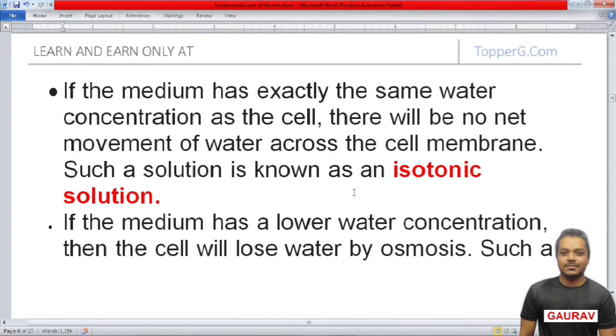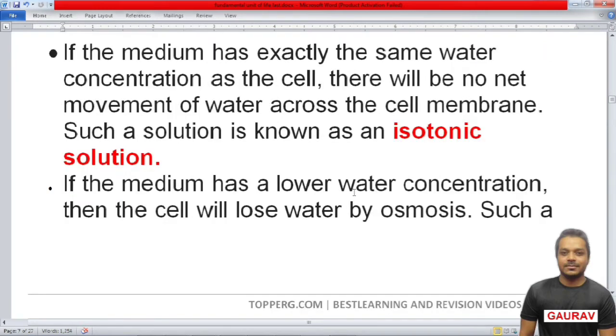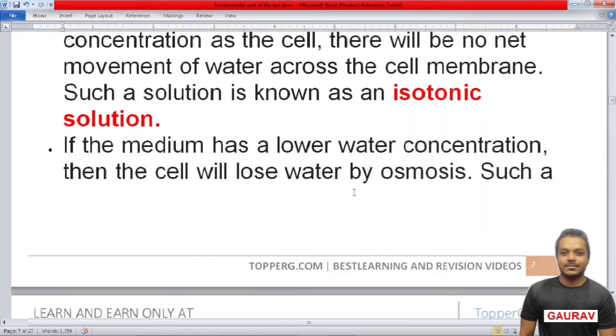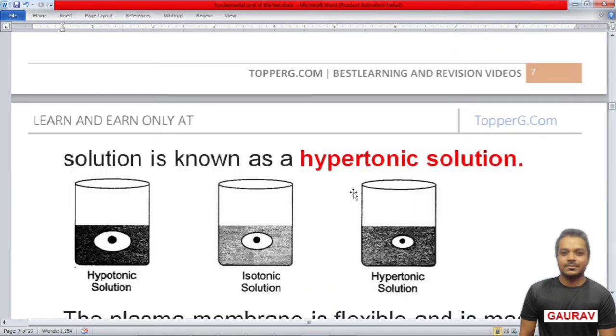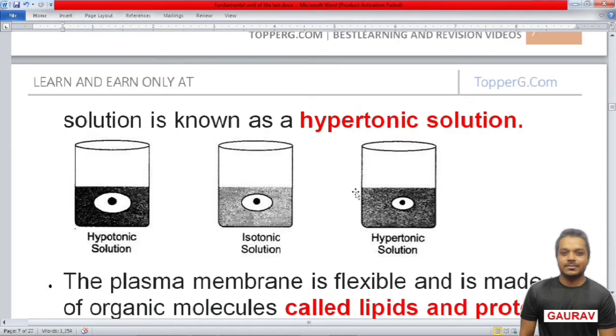If the medium has exactly the same water concentration as the cell, there will be no net movement of water across the cell membrane. Such a solution is known as isotonic solution. If the medium has a lower water concentration, then the cell will lose water by osmosis. Such a solution is known as a hypertonic solution.